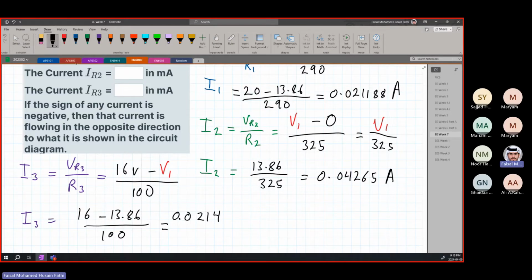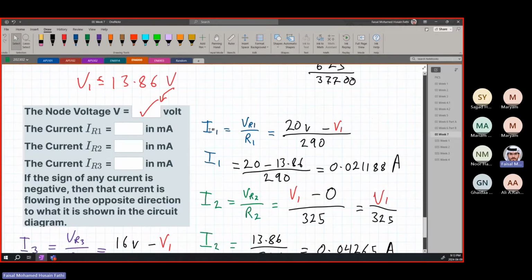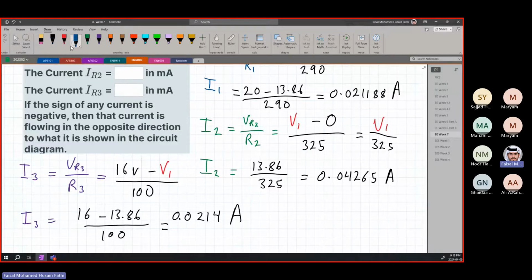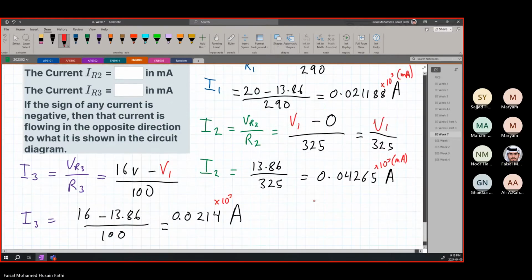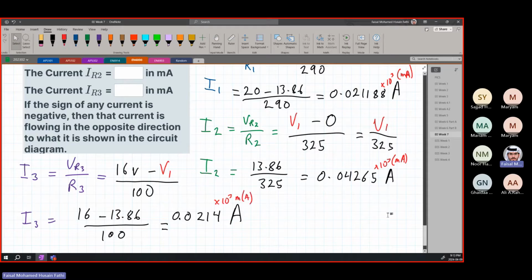All right? Amps, not milliamps. Obviously, we can convert them to milliamps. The question wants it in milliamps. All you're going to do is multiply each one by 10 to the power of 3 to find them in milliamps. Okay? Milliamps.